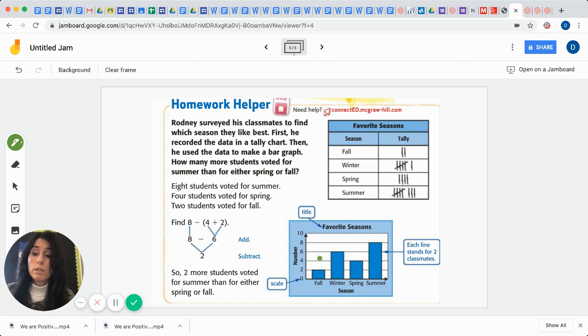I have some packets available for both 2nd and 3rd grade students. 2nd graders definitely need it, and then some 3rd graders that are just having some issues using the Google Classroom version of this. You're welcome to use my packets, and they're found in the office area.